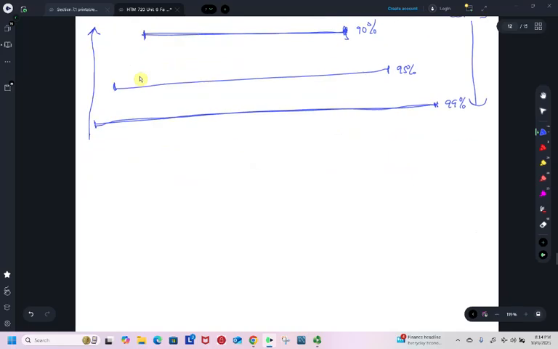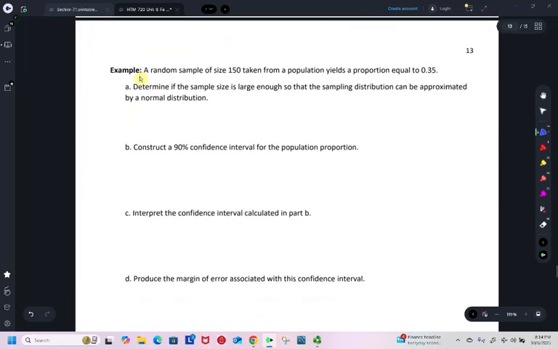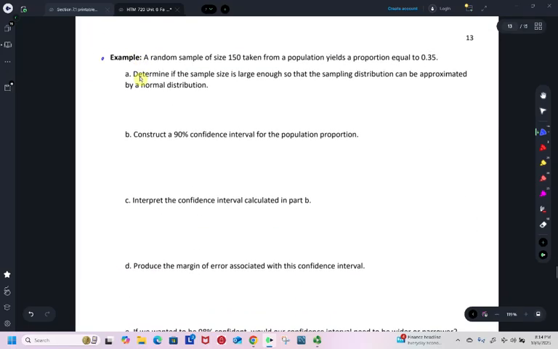All right, let us see another example. In this example, we are told that a random sample of 150 taken from a population yields a proportion equal to 0.35.